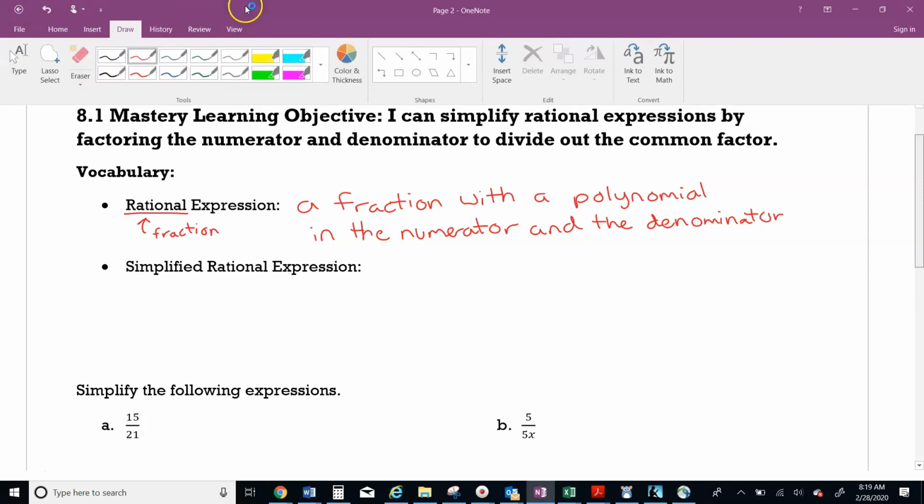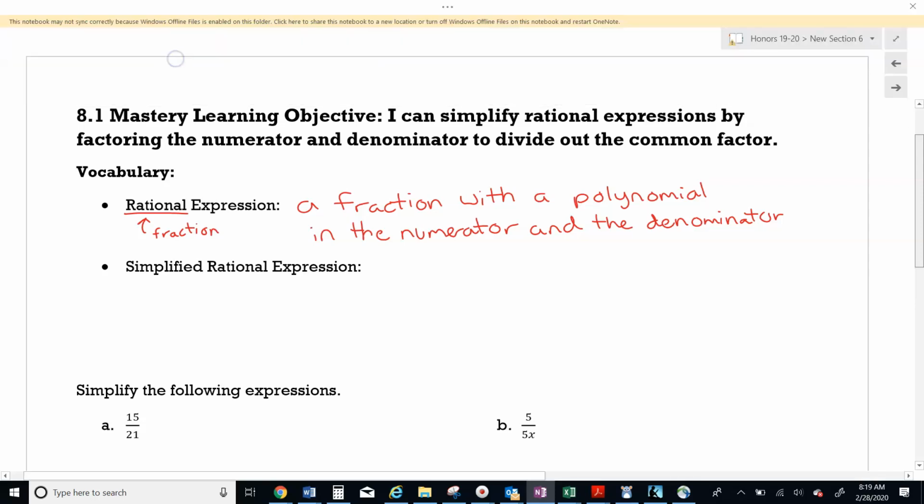A simplified rational expression has no common factor in the numerator and the denominator.